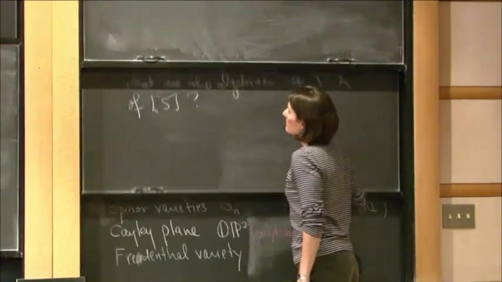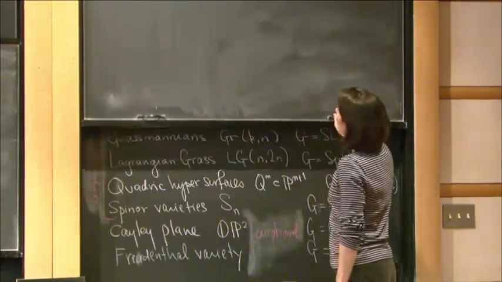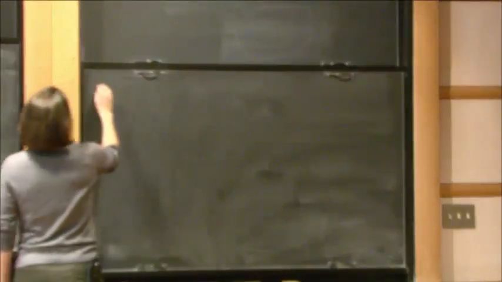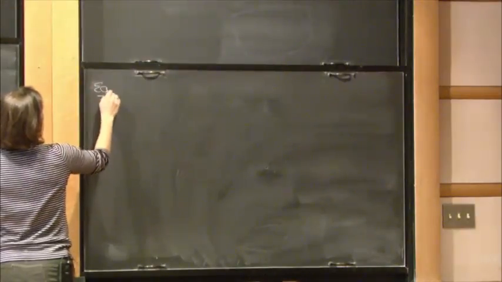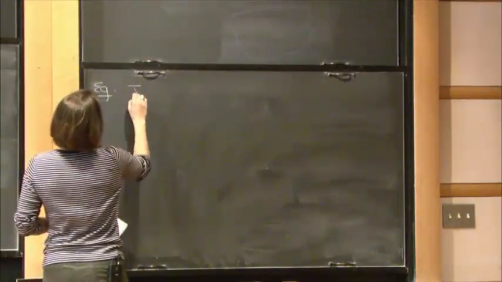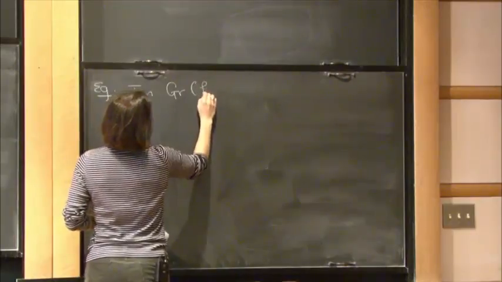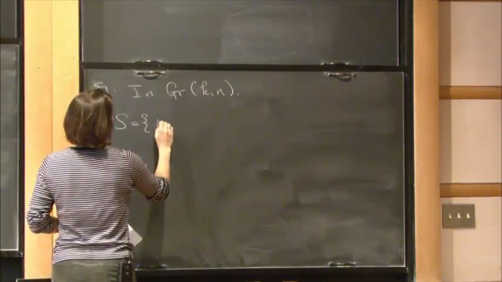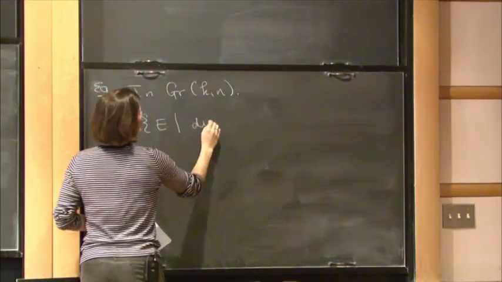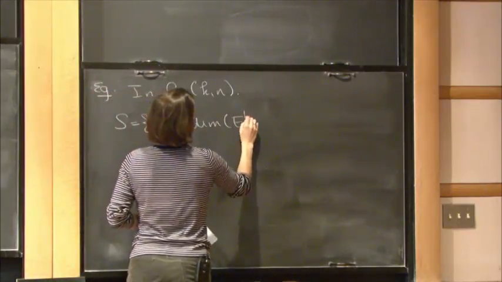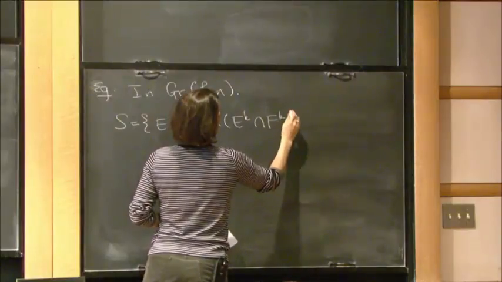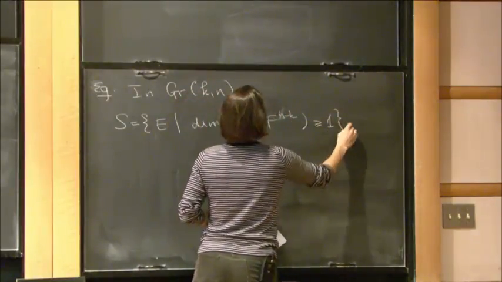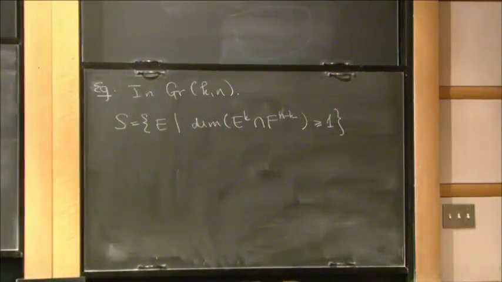So just as an example of when there might easily be seen to exist others, again, in the Grassmannian of k-planes in n space, the Schubert variety consisting of all k-planes that have a non-trivial intersection with the n minus k subspace.